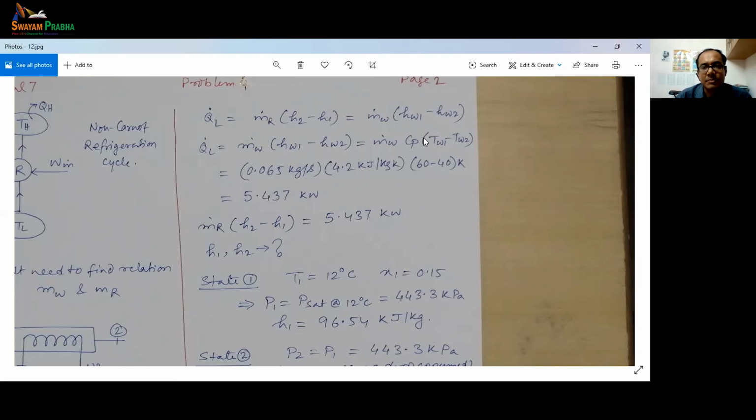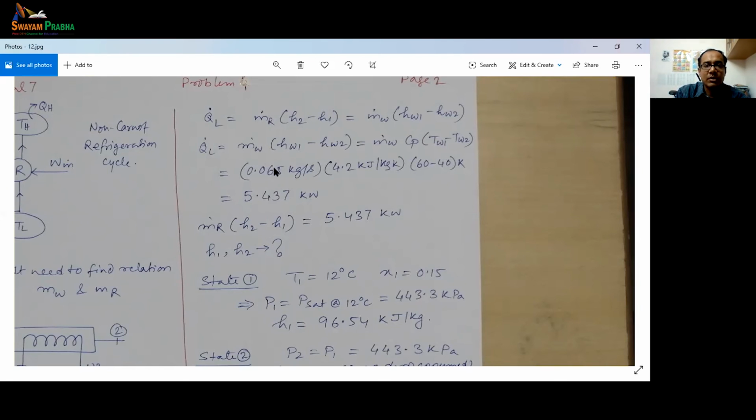That makes life simpler. If there is a phase change, then you have to look up the saturated vapor table, even superheated vapor table if needs be, and find out what is the enthalpy of W at state W1 and W2. But here there is no phase change, so that is why we just took the specific heat of water and multiplied it with the difference in temperature.